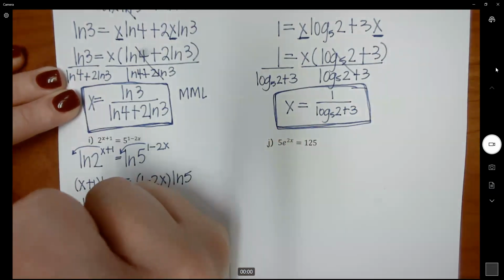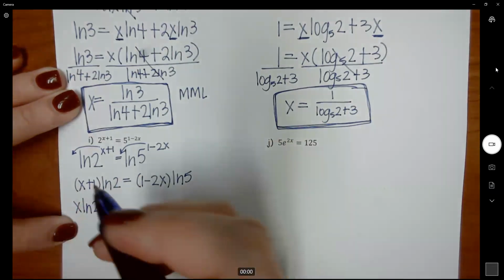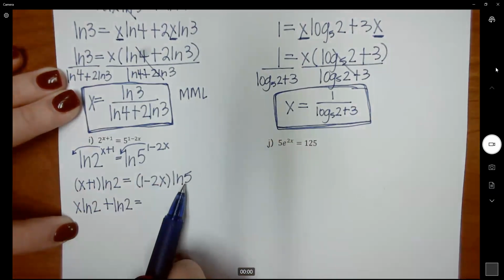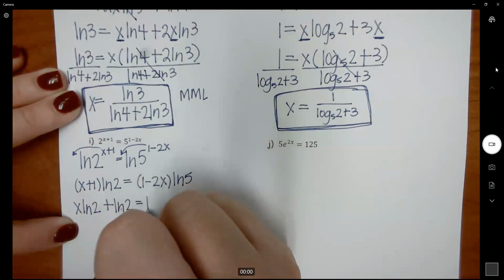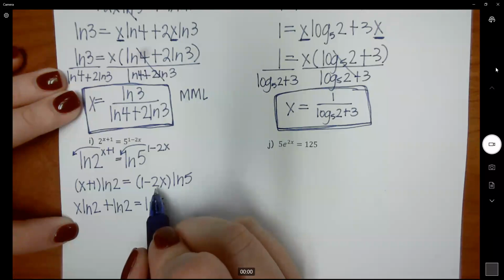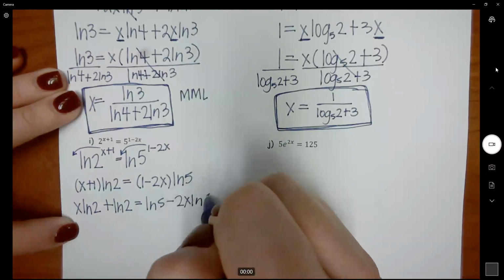So this is x natural log 2 plus 1 times natural log is just natural log 2. And then I'm going to distribute the natural log of 5 to both of these. So natural log of 5 times 1 is natural log 5, and natural log times a negative 2x is a negative 2x natural log 5.